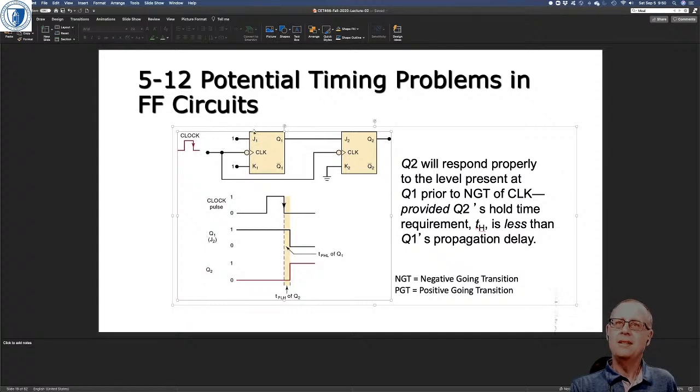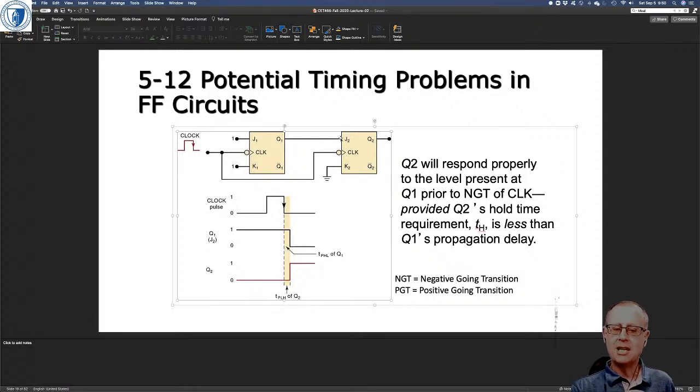In this case, this is going to toggle, but provided that toggle propagation is longer than the hold time, it's the look time, the time that says, okay, I'm told I have to transition, what value is it?